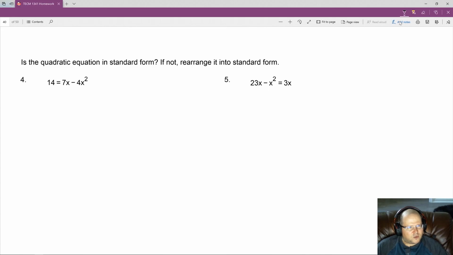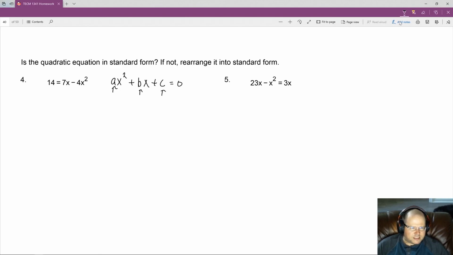So is the quadratic equation in standard form? Okay, so quadratic equations in standard form look something like this: ax squared plus bx plus c. Now, I know that's a little confusing, but basically what they're saying is the a's and the b's and the c's are constants, right?